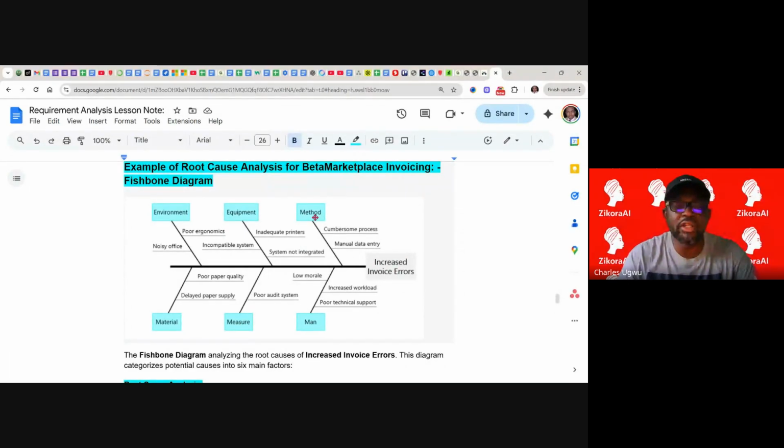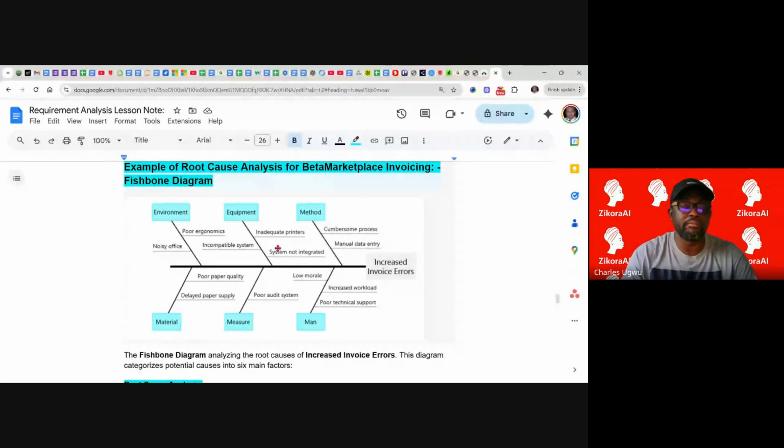Here we see under method, why we're having constant error during the invoice is that it can come from the method. Cumbersome process or manual entry can lead to that. It can come from the equipment we are using, inadequate printer, incompatible system, or system not integrated.